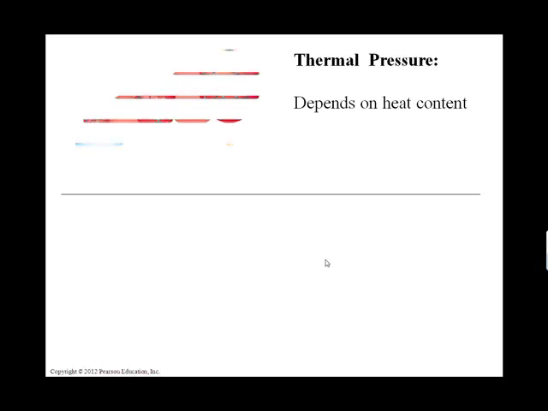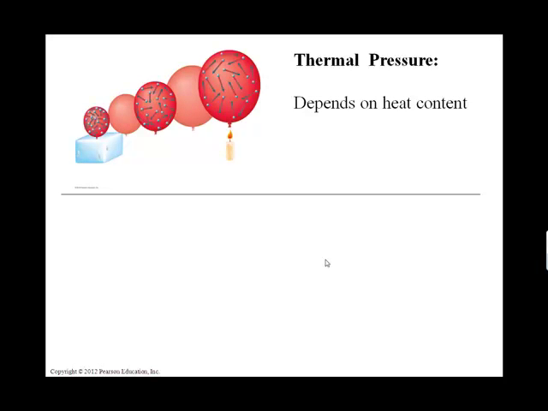So just to remind you what we mean by thermal pressure: the hotter an object, you can see this gas in a balloon up here. There's cold gas at the left and hot gas at the right. Notice that as the gas heats up, the gas inside the balloon is going faster and faster.